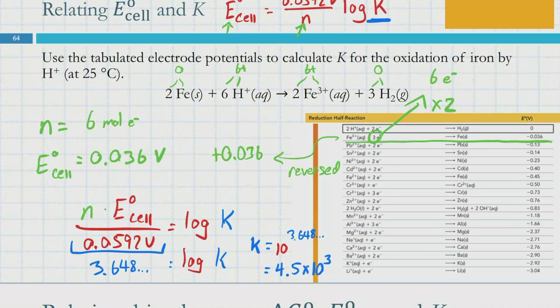And why do we not multiply by 2 for the E value? Because we don't. I think that's a couple lectures ago, but it's probably just easier to memorize that we don't change it. You just flip it positive or negative, but otherwise you don't mess with it.